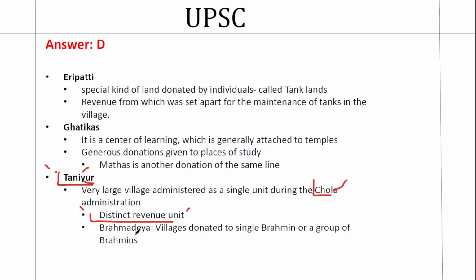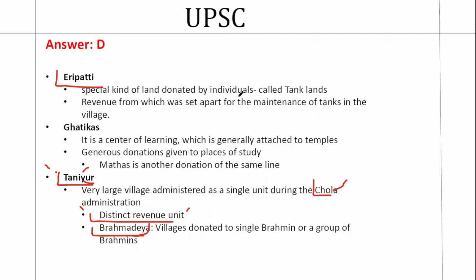Given that definition, look at the definition of Brahmadeya that is given there. This is how UPSC replaces definitions and gives you options. Villages donated to a single Brahmin or a group of Brahmins is called Brahmadeya, which is a term that should be familiar to us from the NCERTs. Now, the definition of eripati given there is correct.